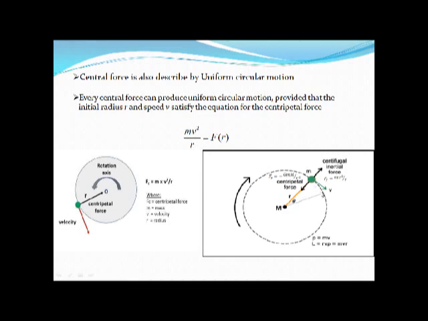So dA by dt, where dA is the area swept out by the planet. Consider this planet moving to this position. The time it takes to reach this position is the same time it will take to reach the next position, so the time interval will be equal. So that is dA by dt. So area is constant with respect to time. So the definition is dA by dt.